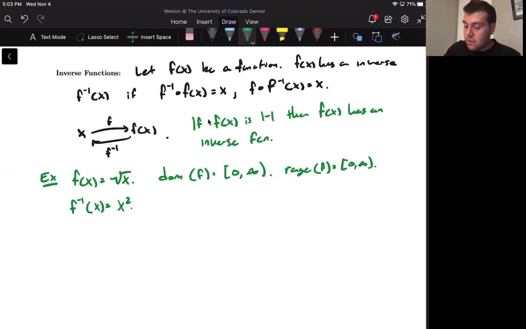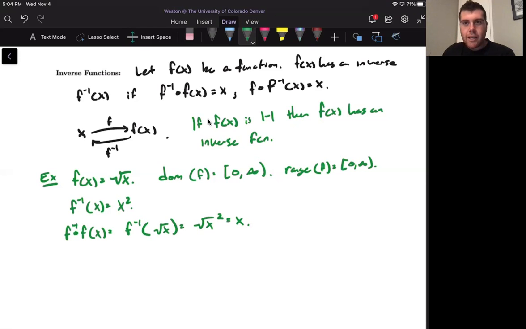After all, if we compose these two functions, f inverse composed f of x equals f inverse of the square root of x, which equals the square root of x squared, which is x. So it seems to satisfy our definition.